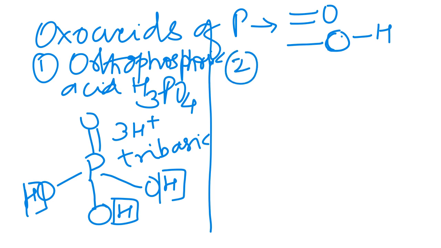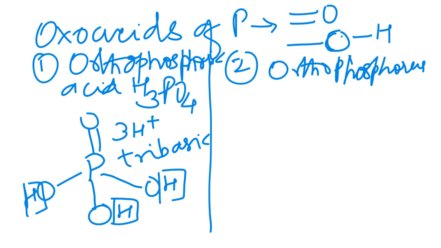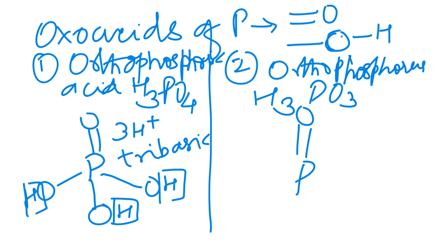Then second comes orthophosphorus acid. Phosphorus acid. So what will be the formula? 1 oxygen less, H3PO3. So same, let us make a central atom P, and then 1 oxygen atom with double bond.